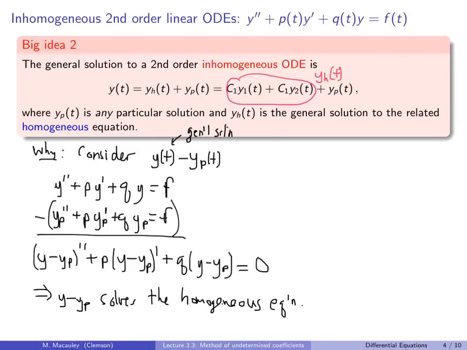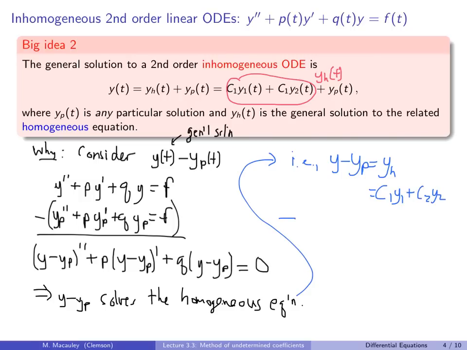So in other words, let's go up here. So y minus yp equals yh, which is, here's what we're assuming, c1 y1 plus c2 y2.